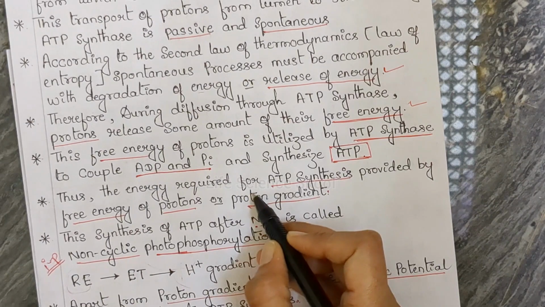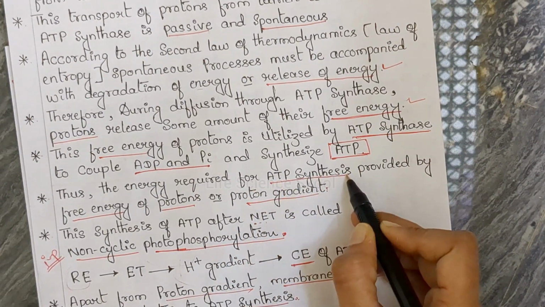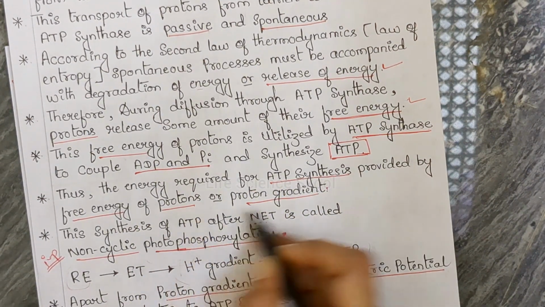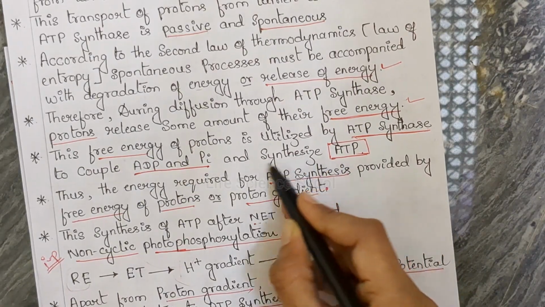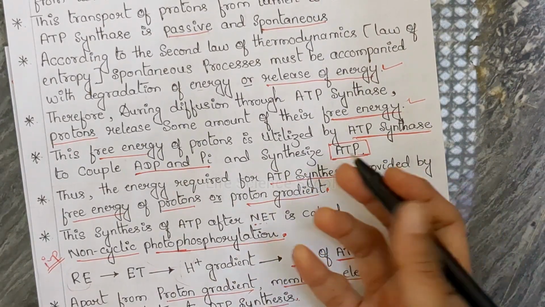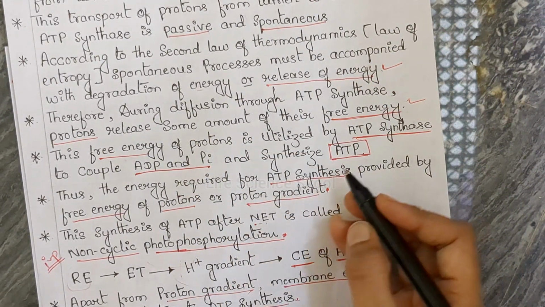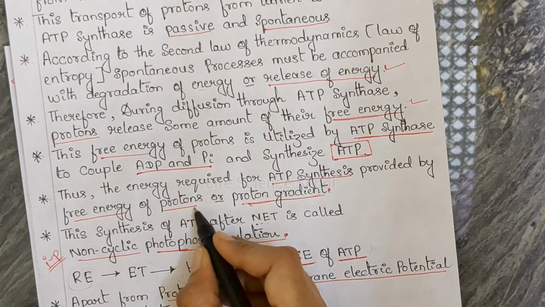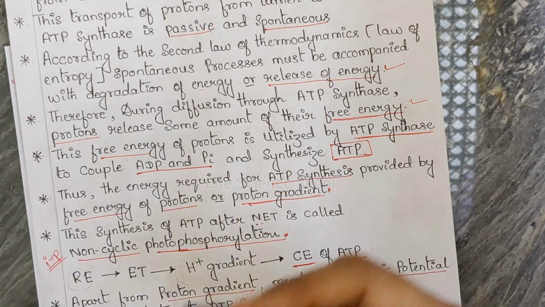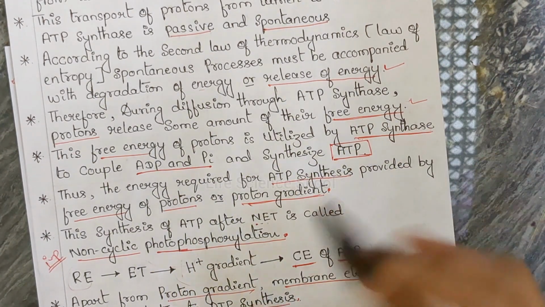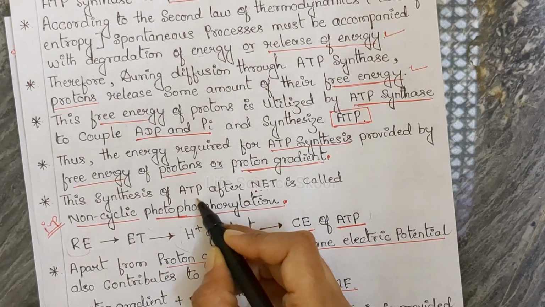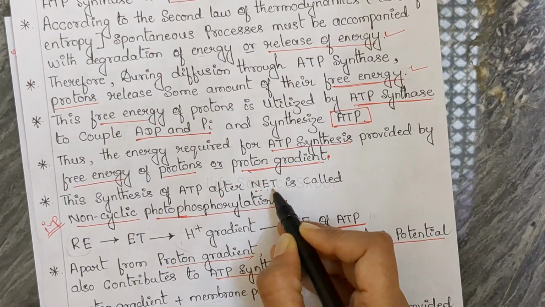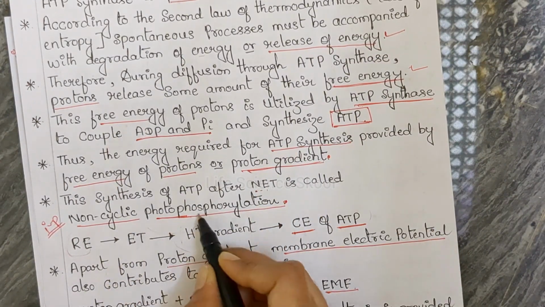Thus, the energy required for ATP synthesis is provided by the free energy of protons, or the proton gradient. Now, to synthesize ATP, energy is required. That energy is provided by the proton gradient, or you can say the free energy of the protons which are moving from lumen to stroma. This synthesis of ATP after non-cyclic electron transport is called non-cyclic photophosphorylation.